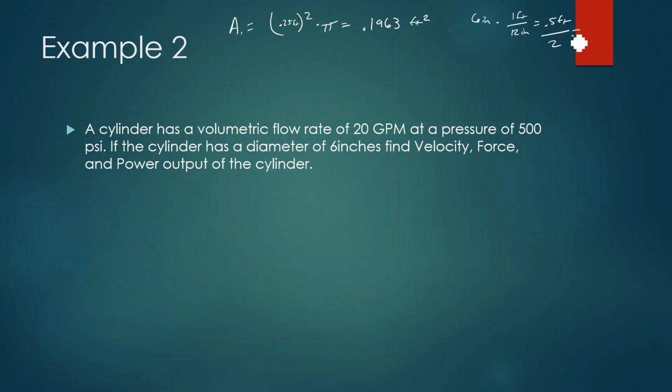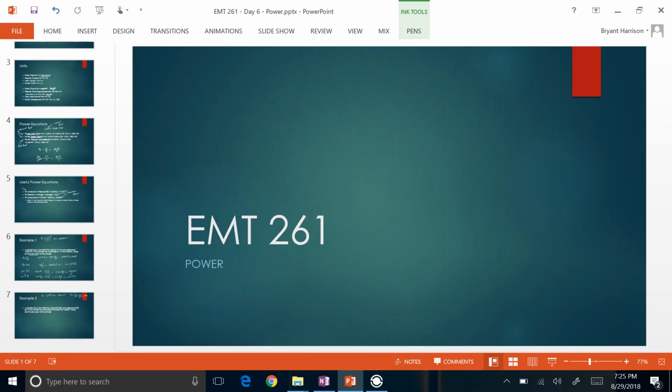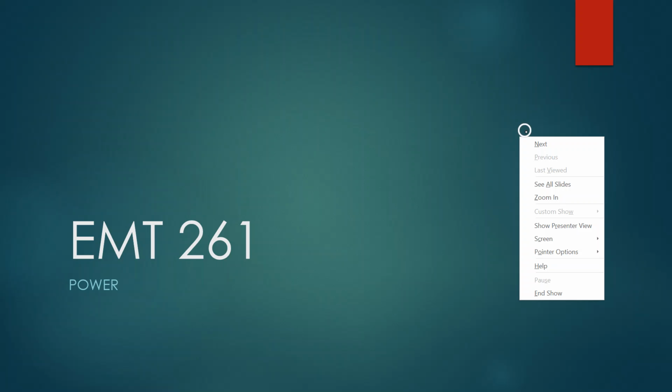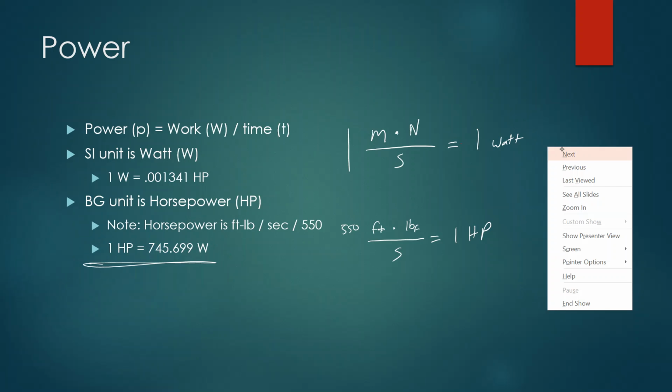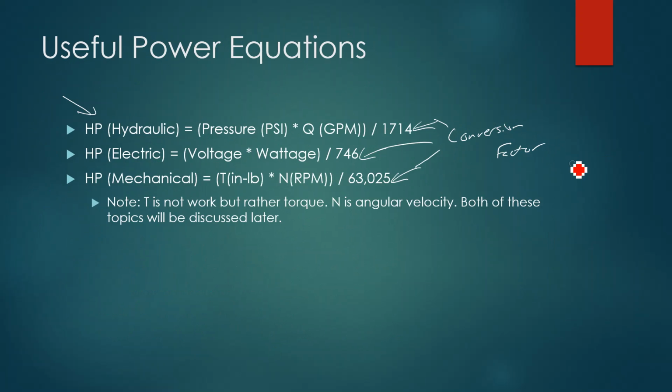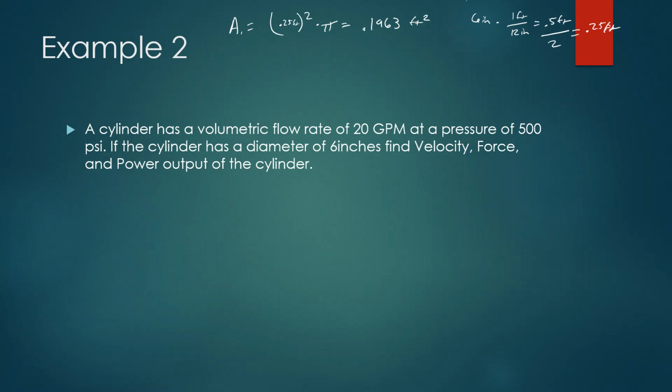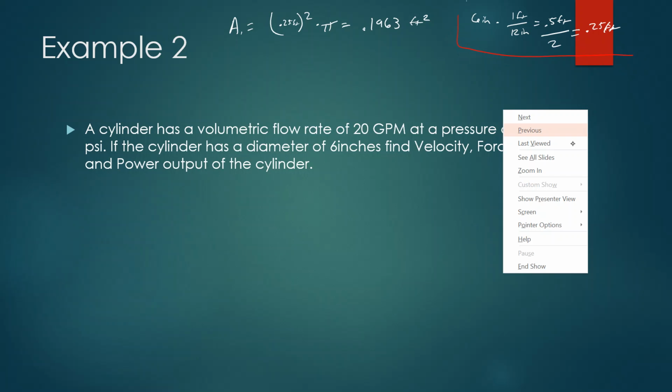So we divide by 2, and we get 0.25 feet, sorry, that is our radius. Sorry about that. So we have this, and we can use this to verify that.